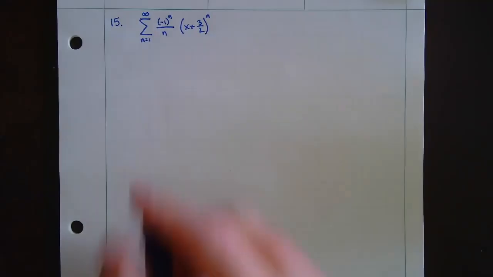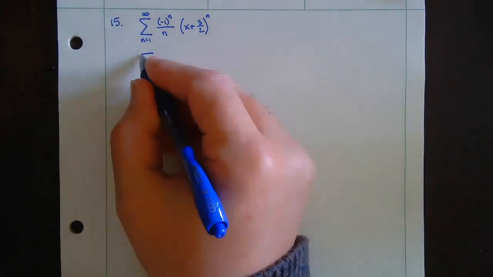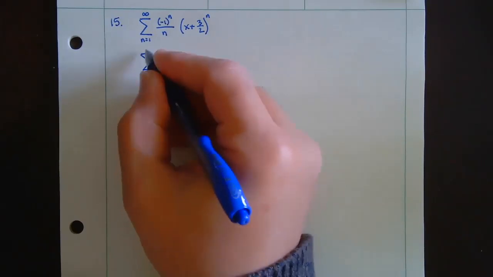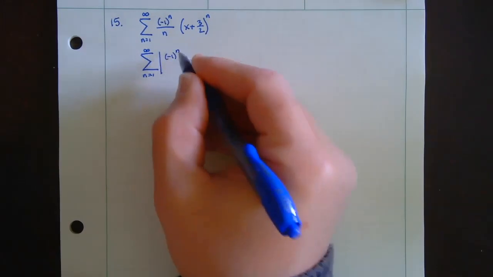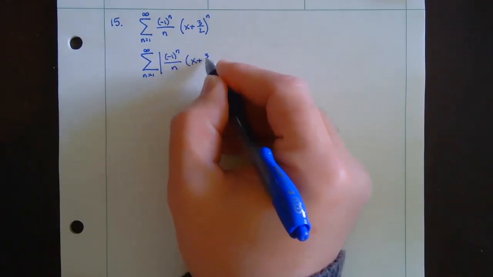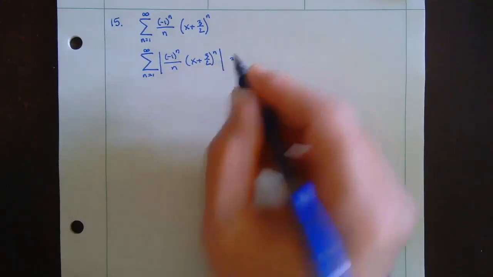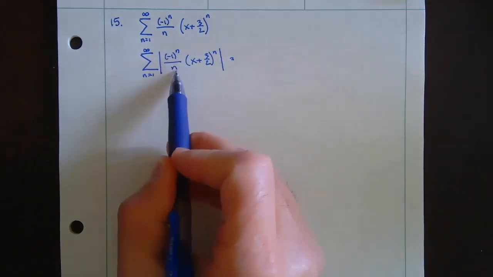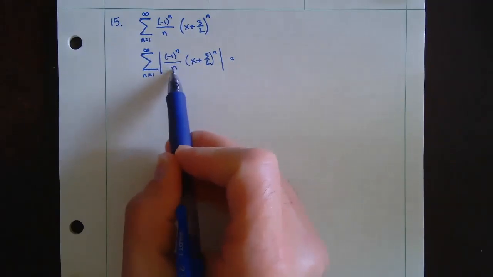So I have my series, and what I want to do is take the absolute value of a sub n, because I'm checking for absolute convergence here. The sum from n equals 1 to infinity of the absolute value of -1 to the n. Taking the absolute value causes that to be 1, since n starts at 1 and goes on, so this is always positive.